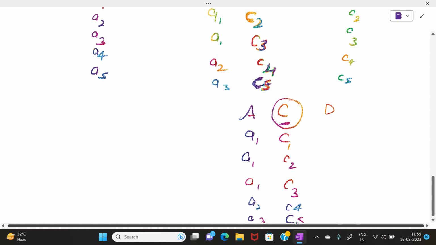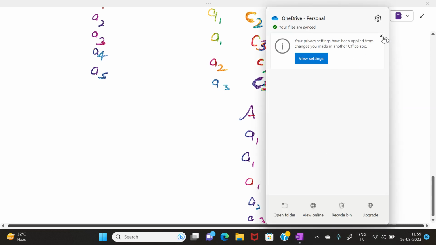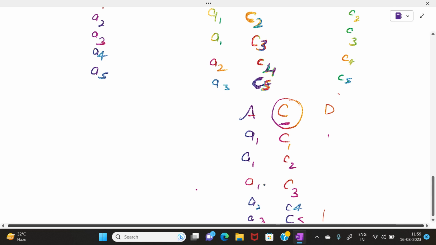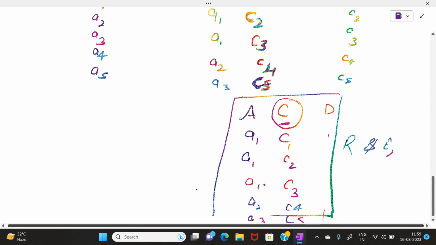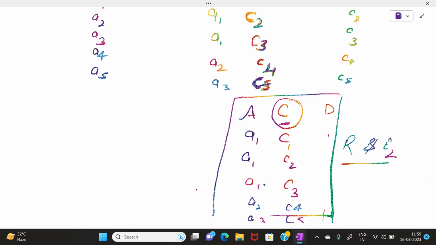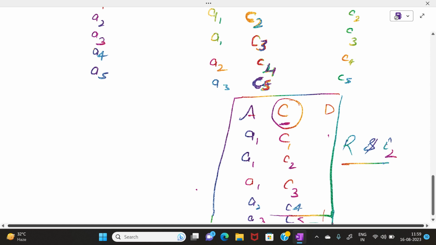C is the candidate key of both of them and we can have the values of D accordingly. So there is no need of any additional work to do. We can easily merge these two. So here R and E2 can be merged together as a single table because both have this candidate key C as the common key.